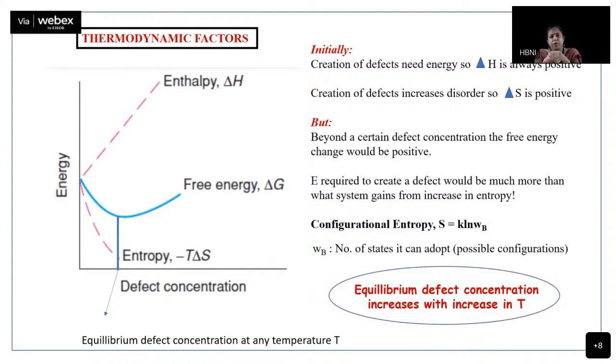So once I remove this, it increases the entropy. Now delta H is positive and delta S is negative. And here delta S is much more negative as compared to delta H. So its formation is favored. Now let this particular defect be in the lattice. I remove another one. Alright. Again, energy would be required to break the bonds, and removal of this would create entropy. It was a very ordered structure, and I simply went and disturbed it.